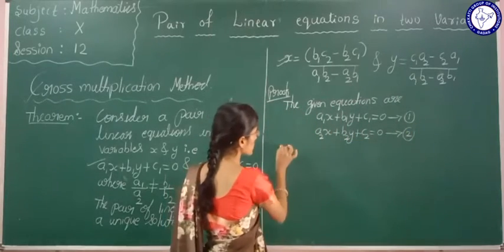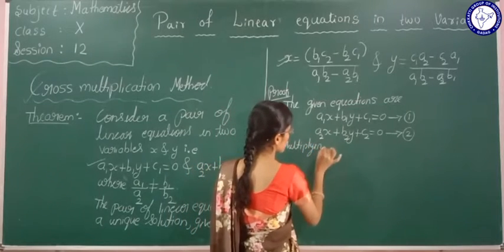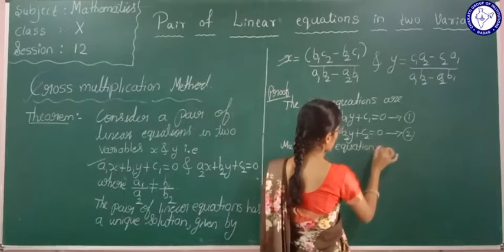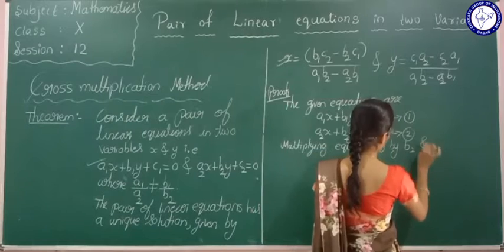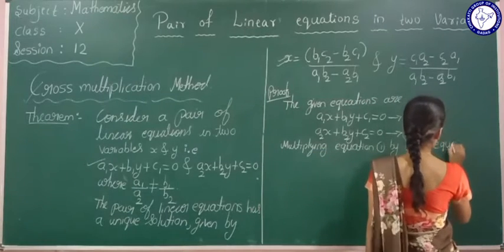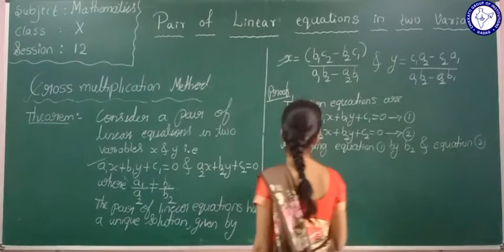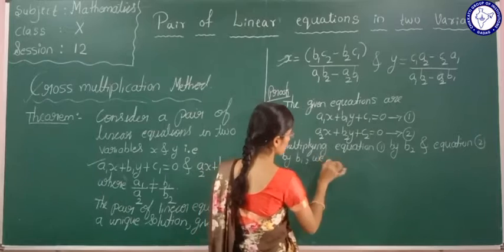Now see here, multiplying equation 1 by b2 and equation 2 by b1, what will we get?